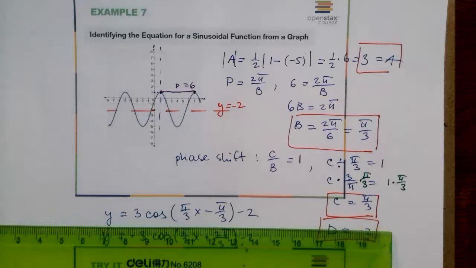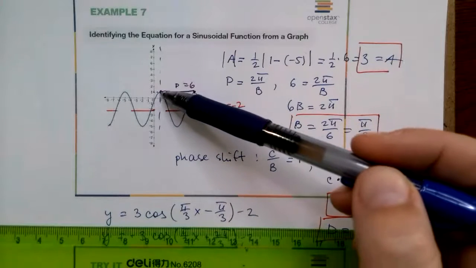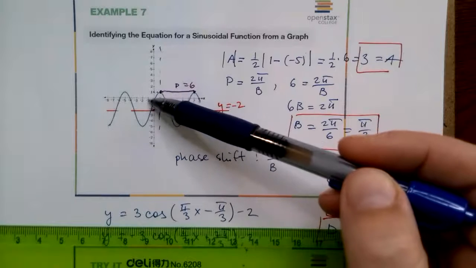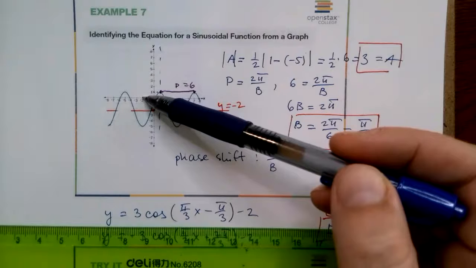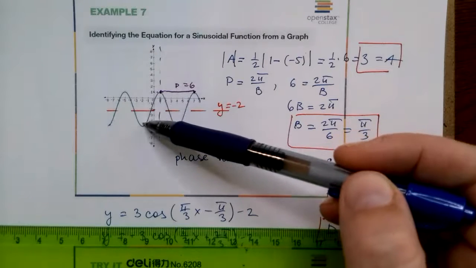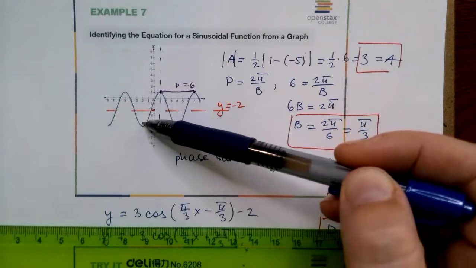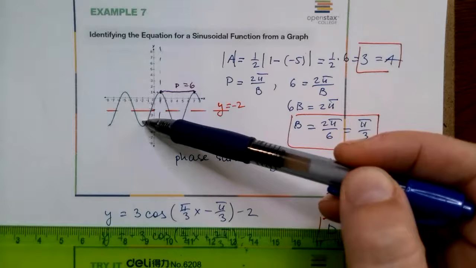Here's one interesting thing to note. If you said that this graph is a cosine function, but it's shifted 2 units to the left and flipped, for example, then your B and your C would change, right?